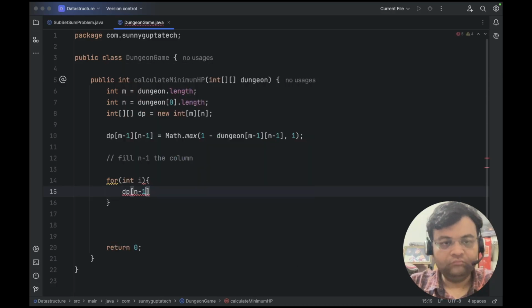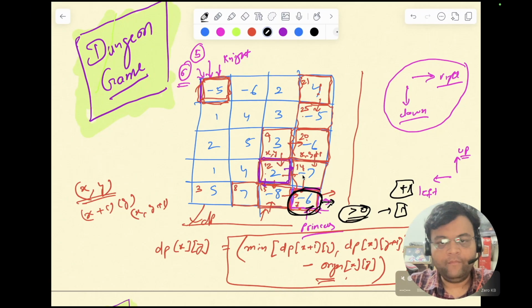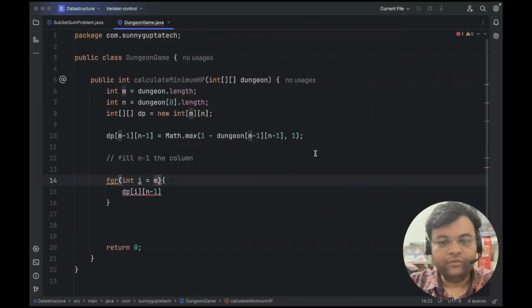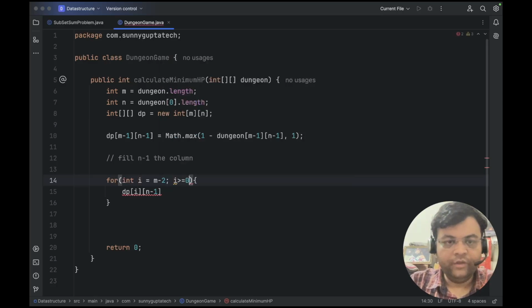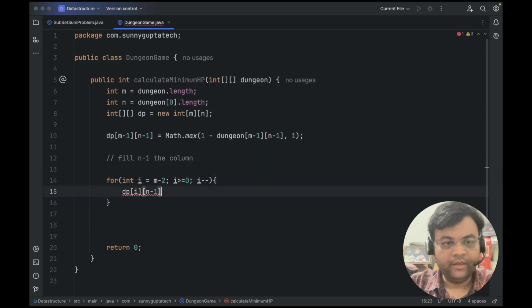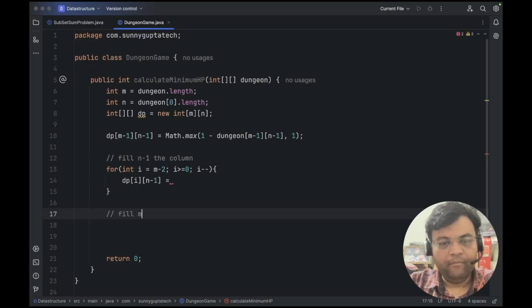The column will be n minus 1, the rows will vary, correct? m minus 1 is already filled, now we are filling from m minus 2 down to i greater than or equal to 0, i minus minus, right? So this is the n minus 1th column. Similarly, we'll fill the m minus 1th row.